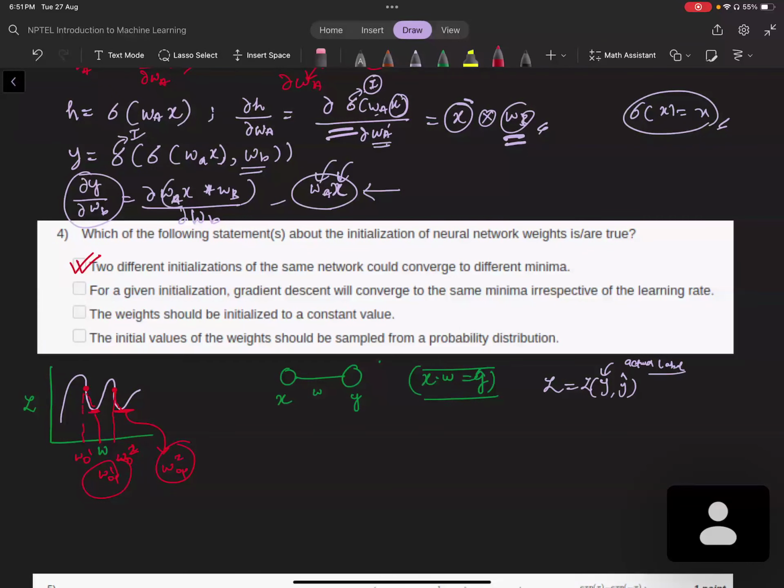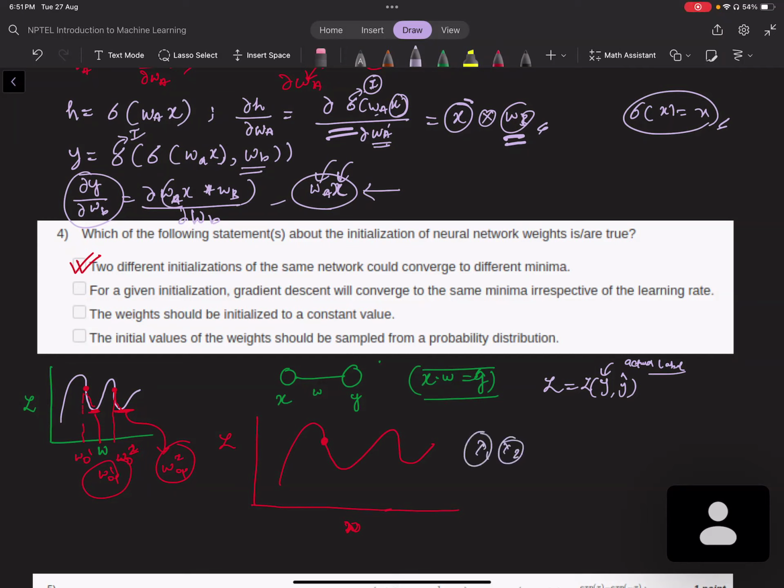Then the next option is: for a given initialization, and these are loss curves, right? Let's say we have two learning rates, lambda 1 and lambda 2.